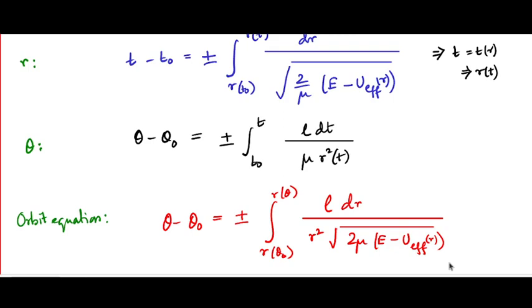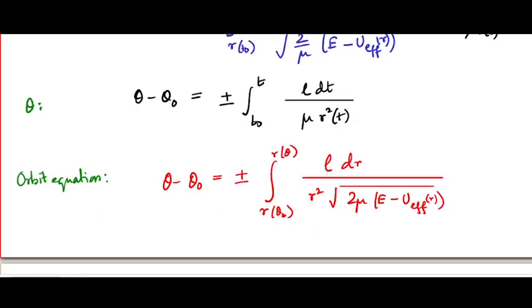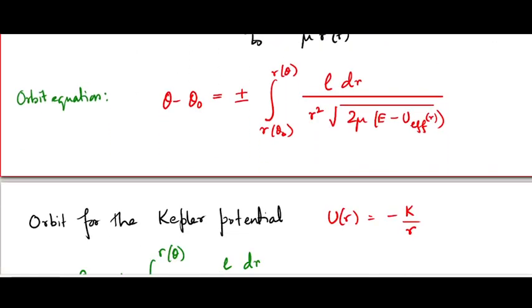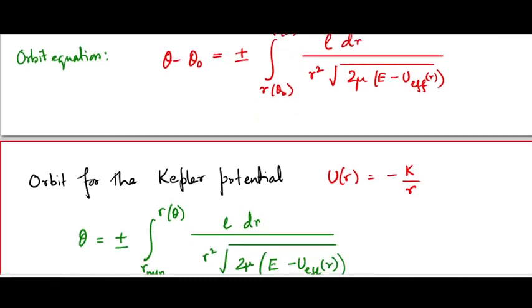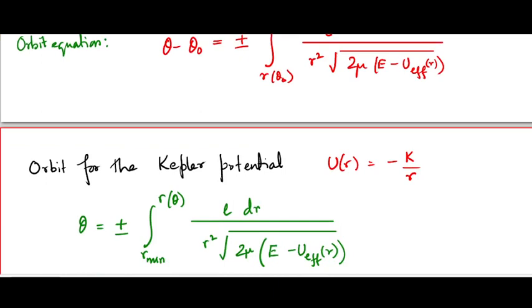So first, the Kepler problem. The Kepler potential is minus k by r, and that means the effective potential is minus k by r plus L squared by 2 mu r squared. So we can just change the orbit equation for this particular case into this particular equation, where we have made one special choice.